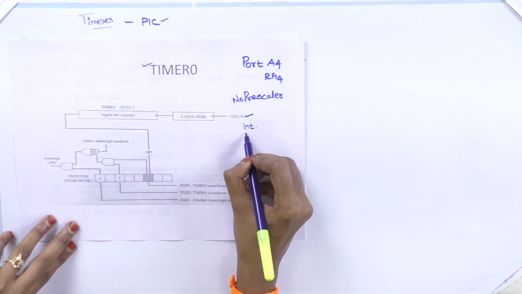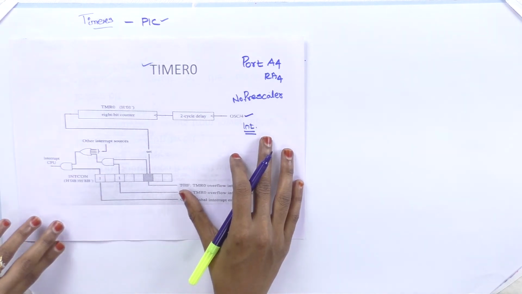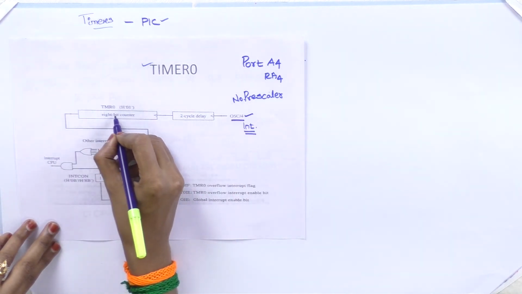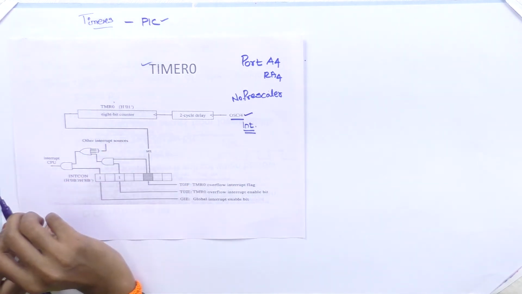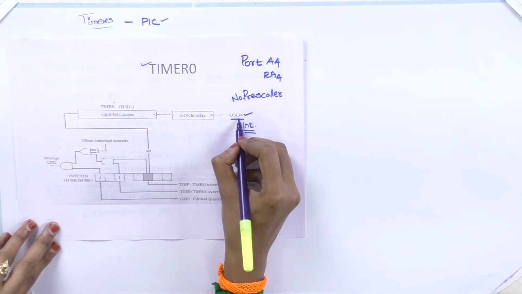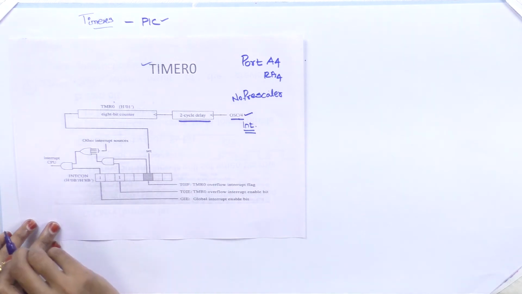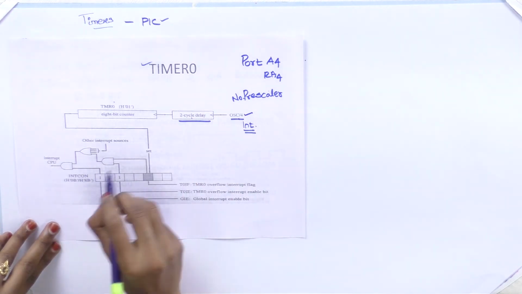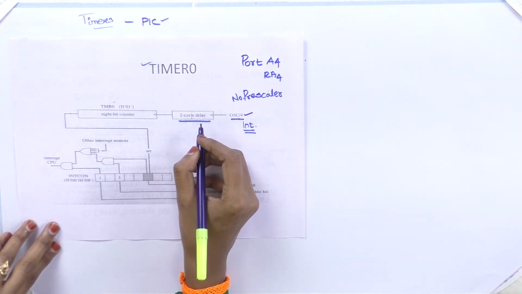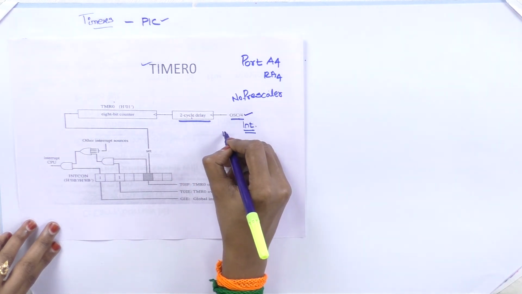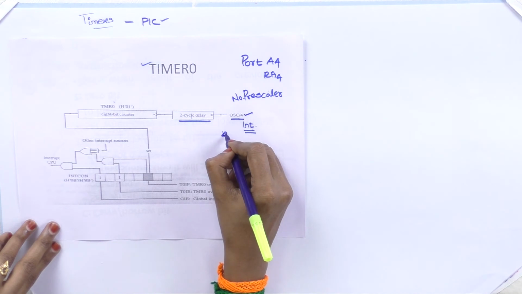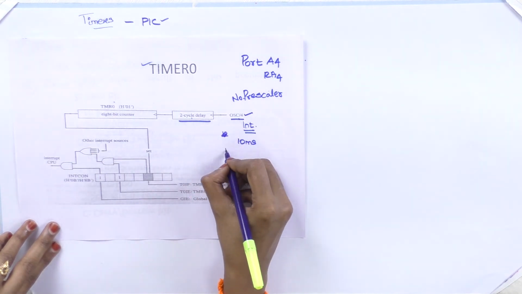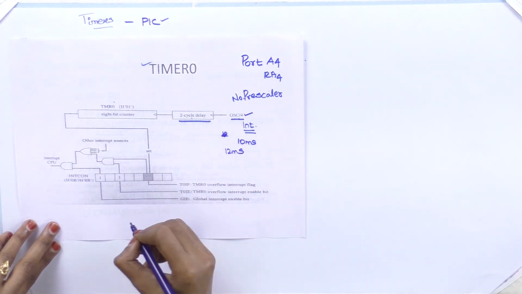Now we will discuss the internal clock. Here we have connected an internal clock with the timer 0 register. It's an 8-bit counter. This internal clock is delayed by 2 cycles, since we are using the internal clock. So if you have defined 10 microseconds, since we have introduced 2 delay cycles, it will be 12 microseconds.